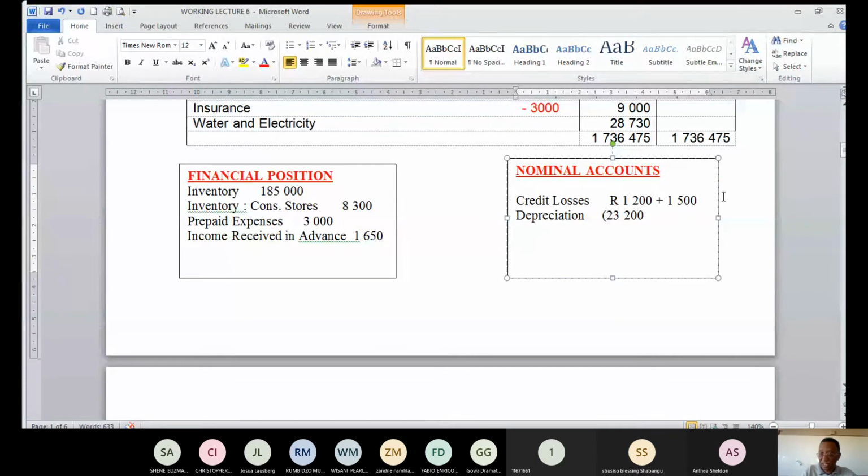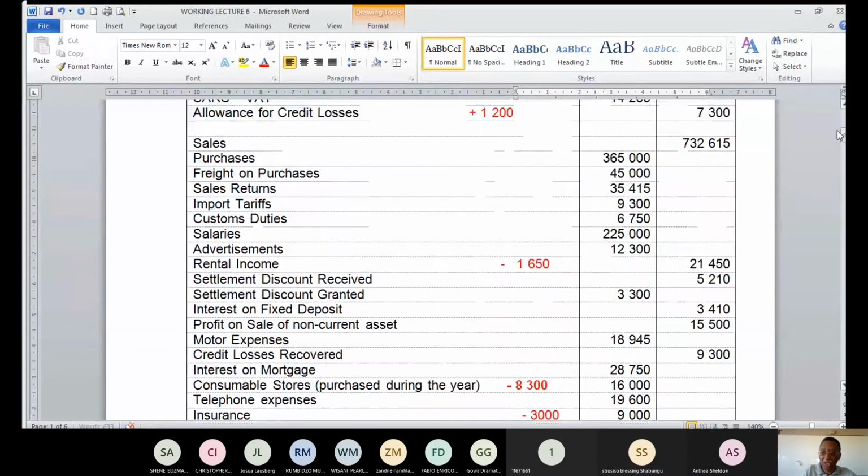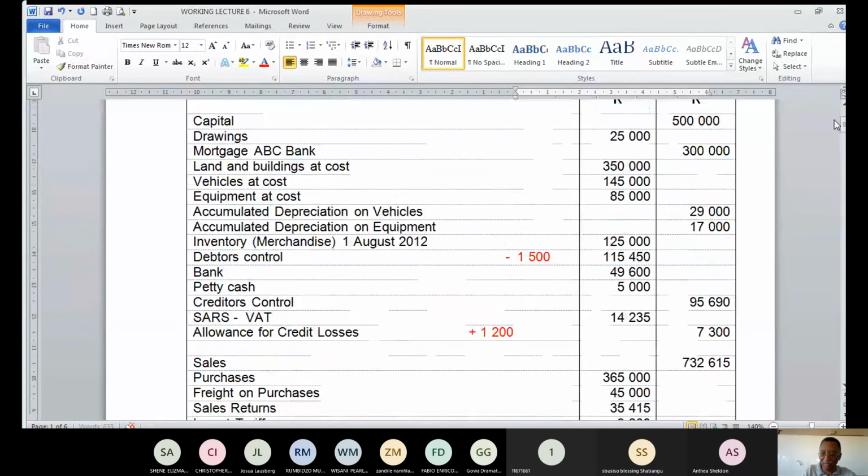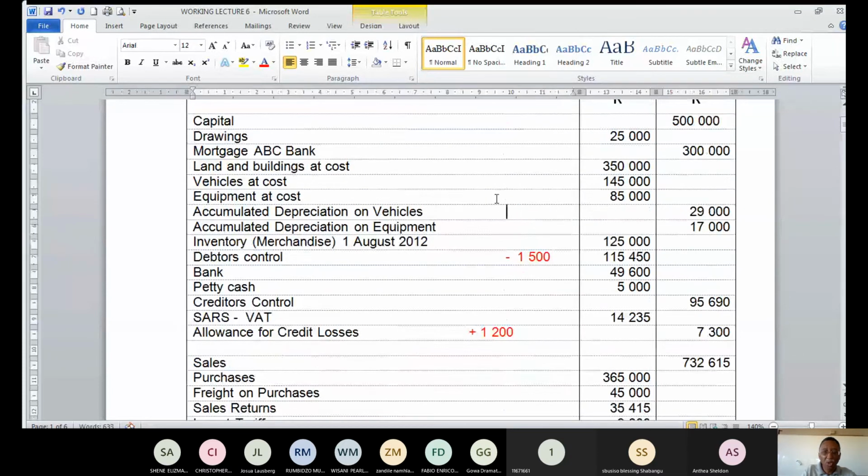The accounts affected is depreciation, the expense, and the other account affected is accumulated depreciation on vehicles. So your accumulated depreciation on vehicles will therefore increase with the amount of 23,200 Rand. Remember, each year's depreciation gets added onto accumulated depreciation.